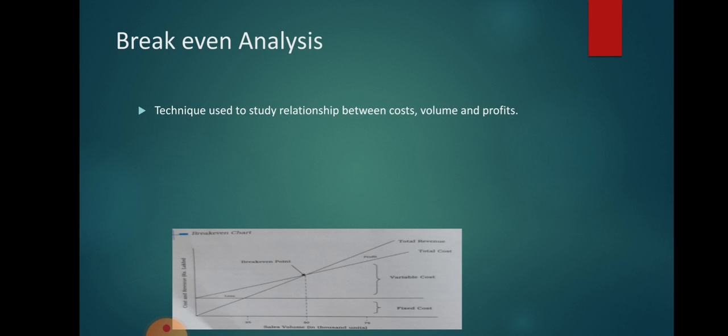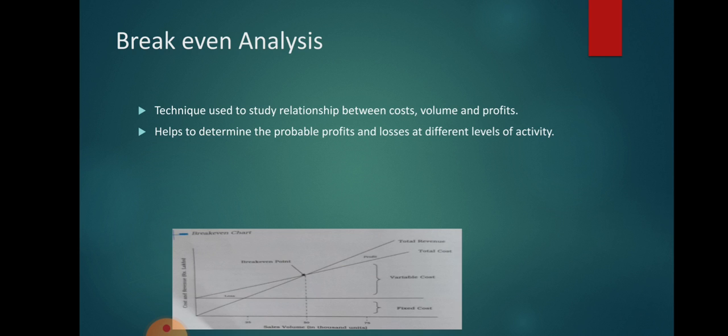This technique will help us to study the relationship between cost and sales, what cost we incurred, total production cost and sales cost, everything, and then what profit we have earned. Break-even is the point where there will be no profit and no loss.